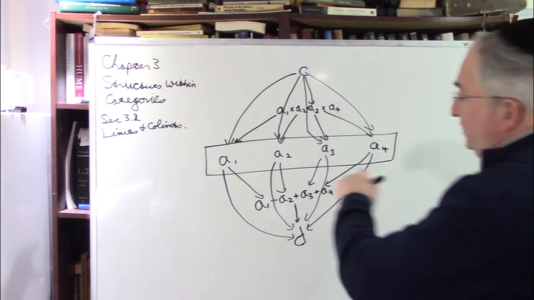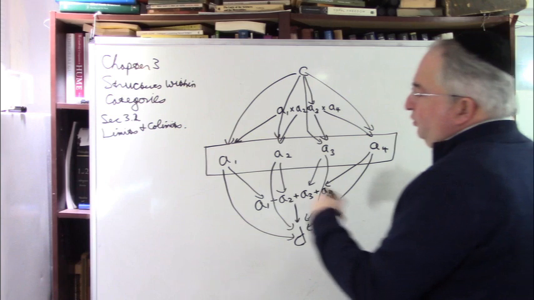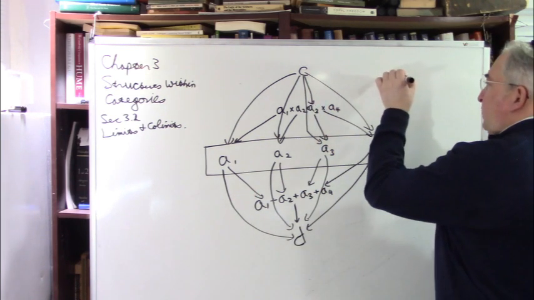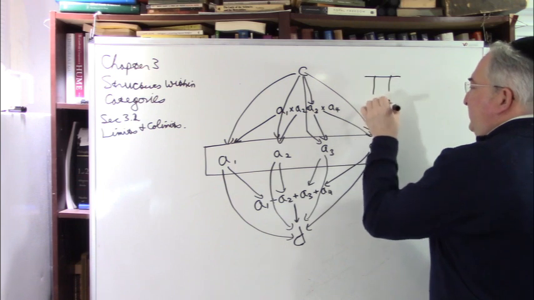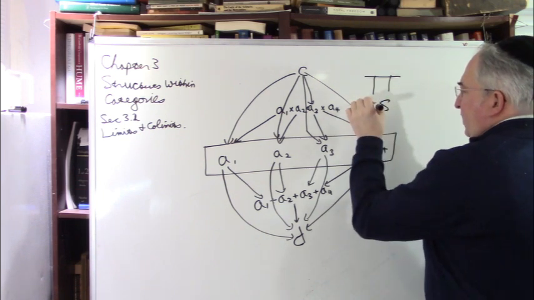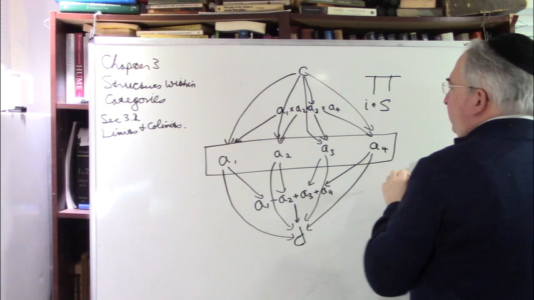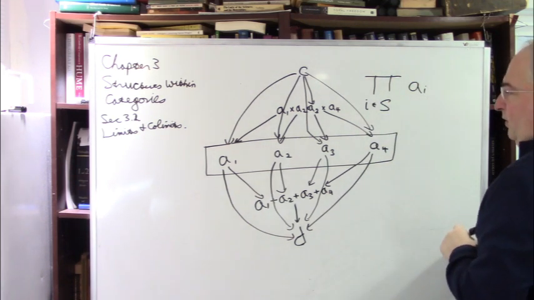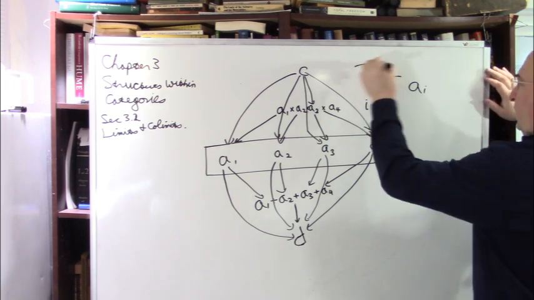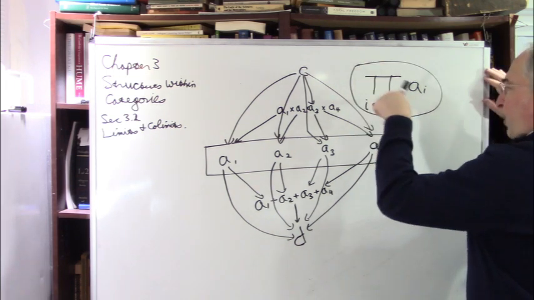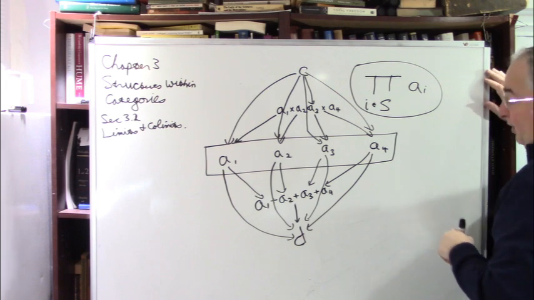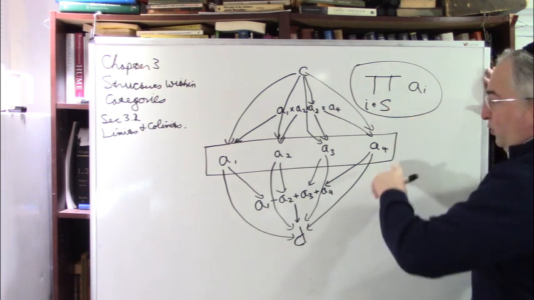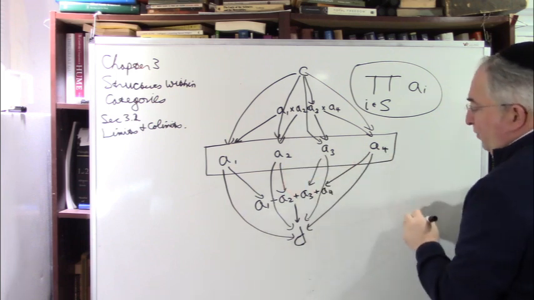Now, we did this for 4 objects. You can do it for any number of objects. In fact, you have the following notation. If you have a set S of objects, and I a member of S, then you can take the product of all of them, the product of the A_i. That's a notation for the product of the objects indexed by S. You could also take the coproduct.